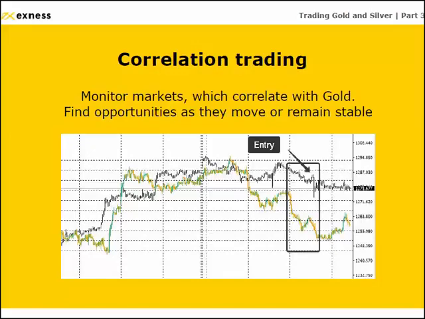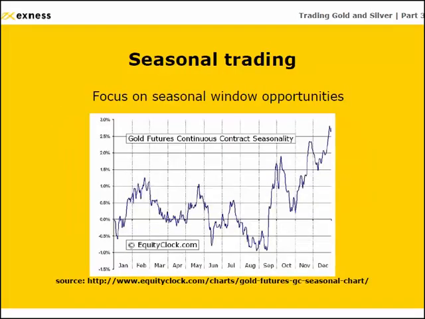Okay, seasonal trading is a very interesting type of trading, since we are dealing with the commodity market. Gold is a commodity, and for commodity futures, for commodity markets, seasonal windows work pretty accurately. What do I mean by that?